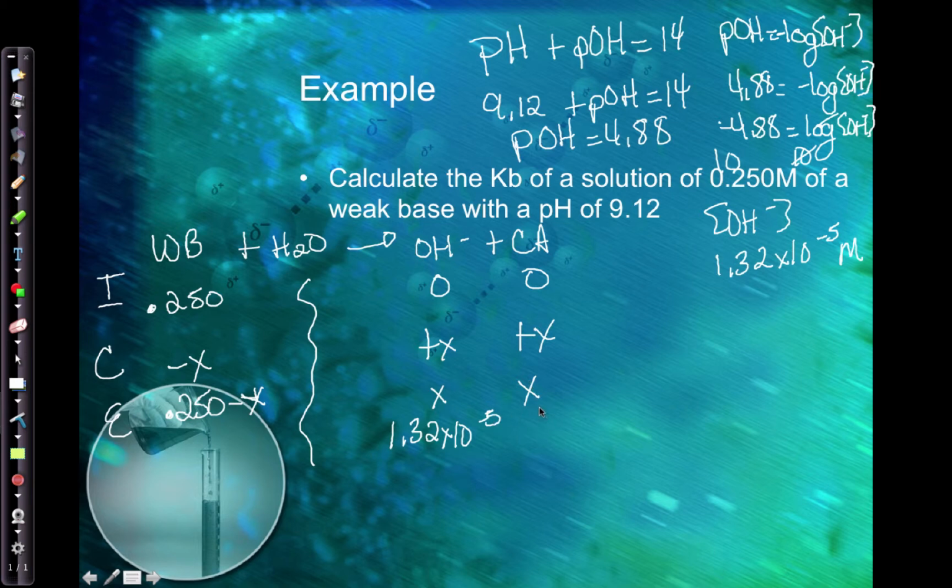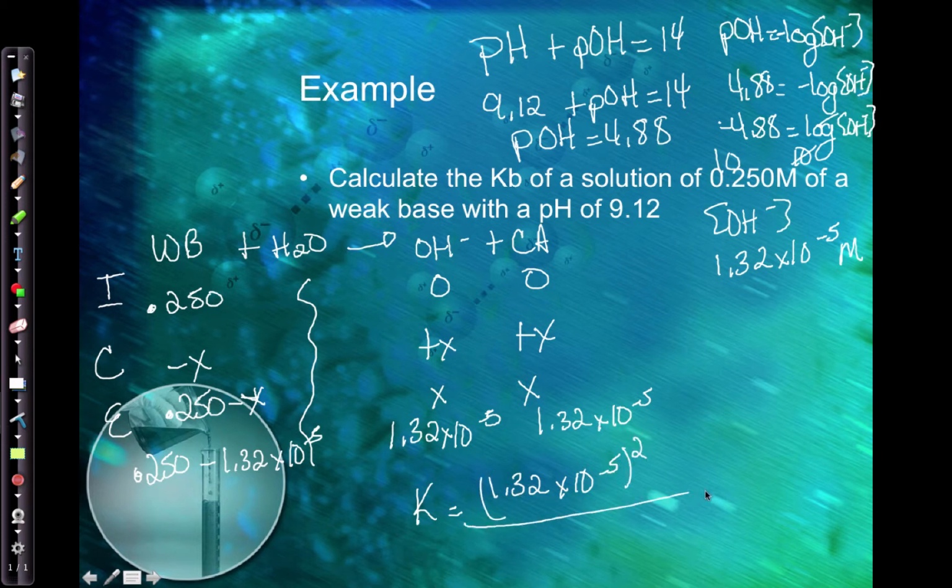Same thing for the conjugate acid. And then for my weak base, it's going to be 0.25 minus that number. All right, so now I'll just simply plug it into the Kb expression. So 1.32 times 10 to the negative fifth, multiplied by the same thing, so basically squared, divided by this.